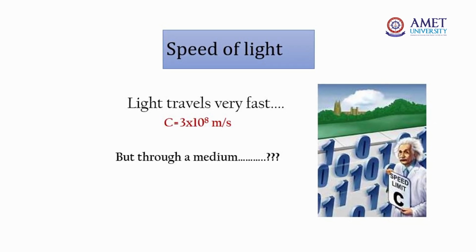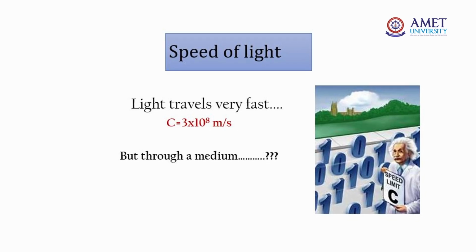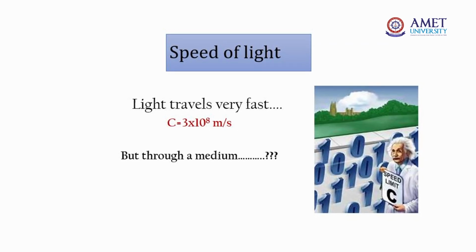But as it goes through air or then through water, its speed gets gradually reduced. But still, the reduction in speed is not that small, and we usually don't observe the change. But when the medium is made up of photonic crystal, it becomes so slow that it moves along with a bullock cart, or you can also walk along with the light.